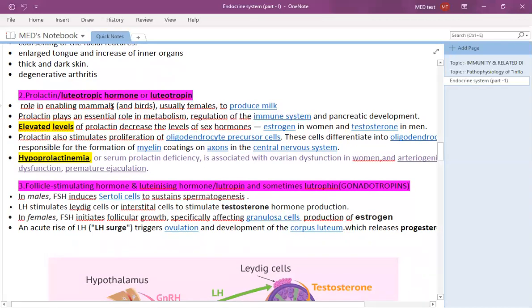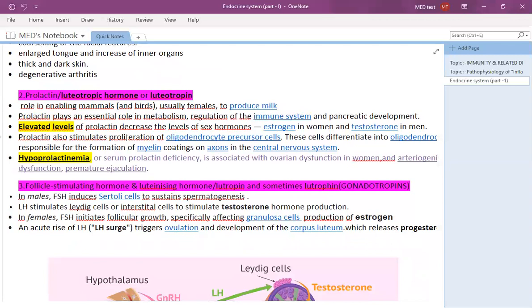Prolactin plays an essential role in metabolism, regulation of immune system, and pancreatic development. Now, elevated levels of prolactin can decrease the levels of sex hormones. So this is important and ironical, right? So estrogen in women and testosterone in males.